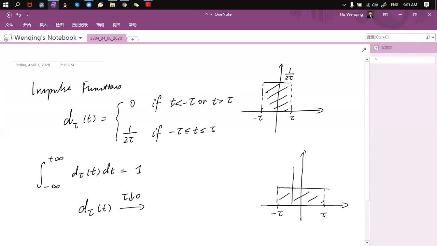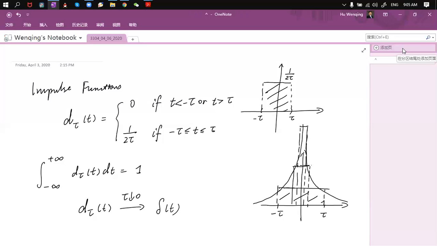If tau is shrunk by a half, you will see this function. If tau is shrunk by 1/4, you are going to see a function like this, and so on. In the end, you are going to see a blow up of your function. This is what we call the delta function.